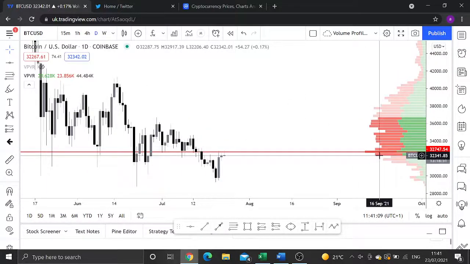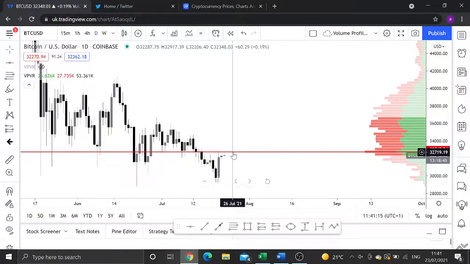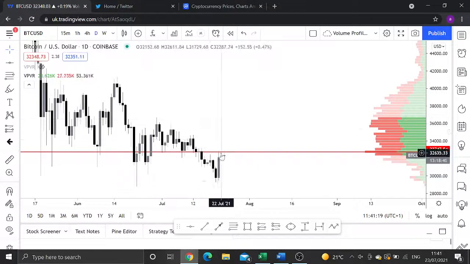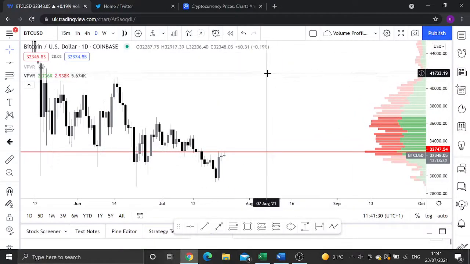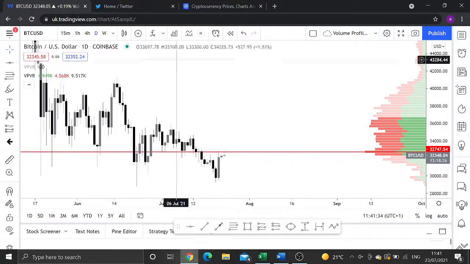Again, confluence of the same areas, 32,757. That's the area we need to break above to be bullish again, because we're currently in a downtrend. We had a good candle yesterday, the 21st of July, really good candle, but two weak candles at the moment on the daily. So we need a bigger push to the upside for any more bullish sentiment, bullish continuation.